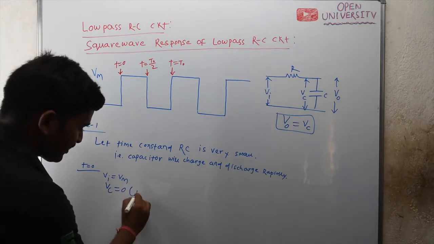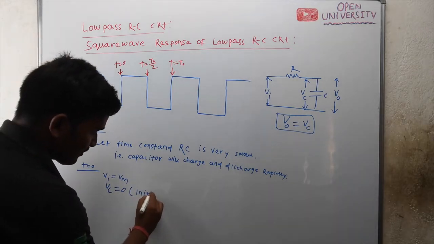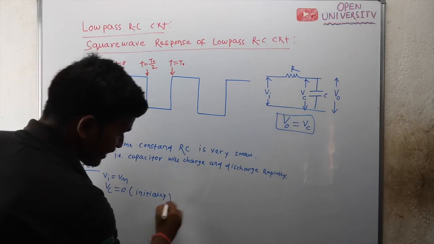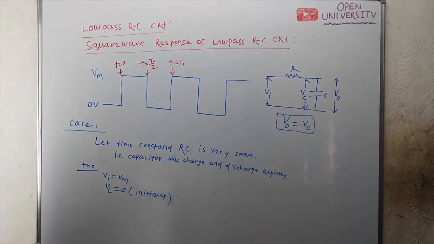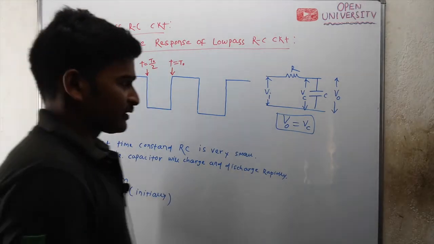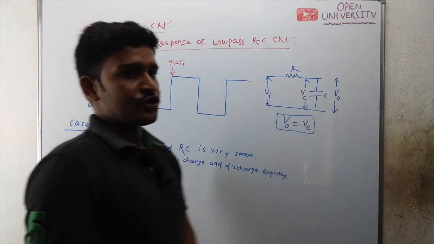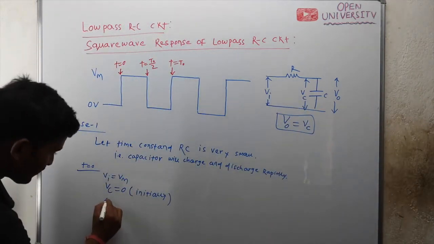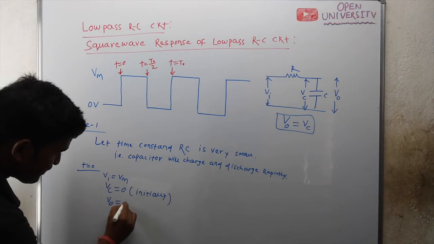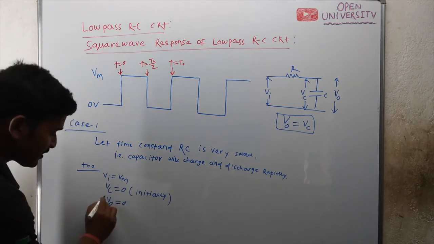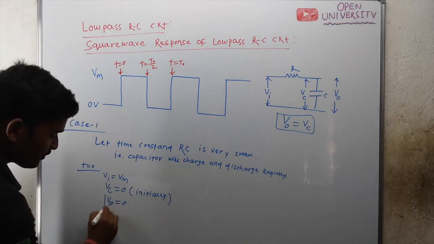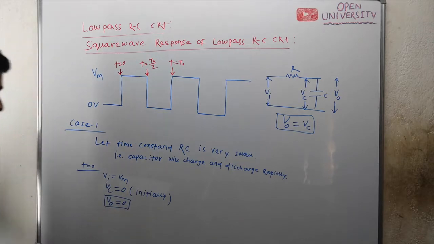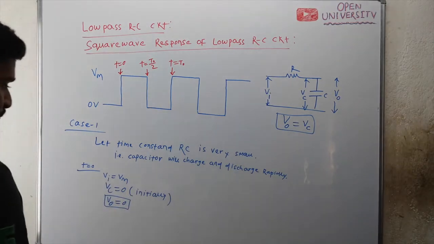Initially, I am assuming that there is no voltage across the capacitor. So, can you say what is the output voltage? Output voltage is same as capacitor voltage, that is nothing but V0 equal to 0. This is when t equal to 0.